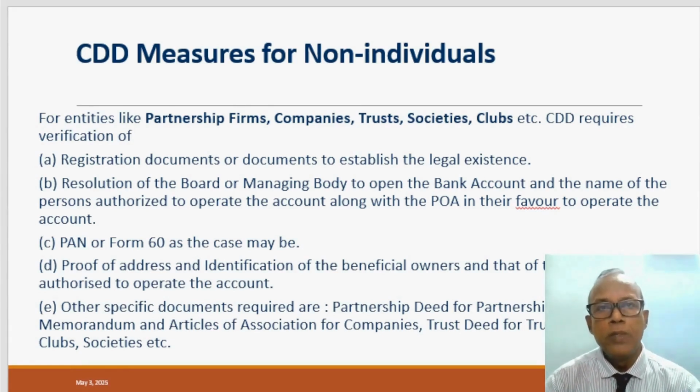PAN or Form 60, as the case may be, proof of address and identification of the beneficial owners and that of the persons authorized to operate the account. Other specific documents like partnership deed for partnership firms, memorandum and articles of association for companies, trust deed for trusts, bylaws for clubs, societies, etc.